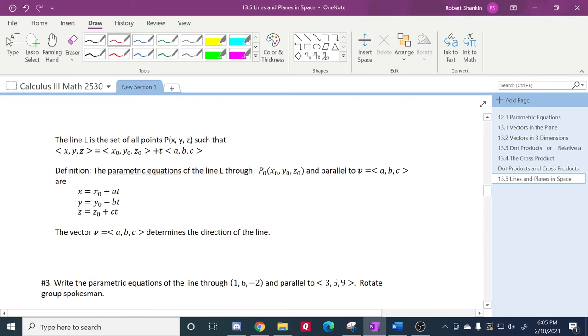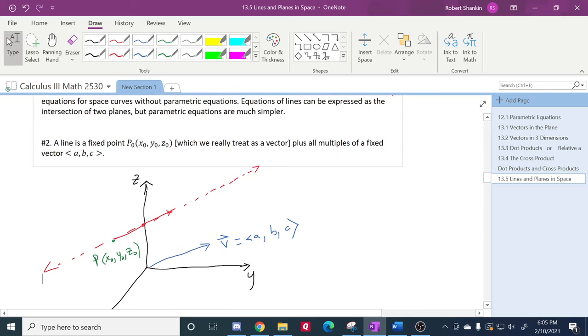Now notice the point P0, which we'll really treat as a vector. It kind of looks like a point over here, but I could have drawn it as a vector, and it would still work.